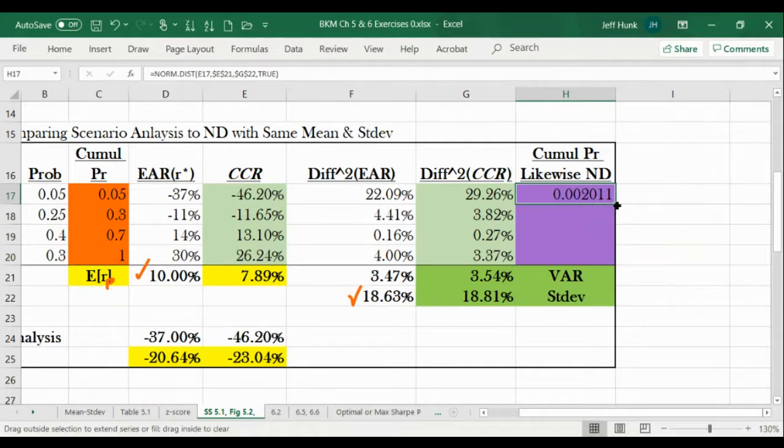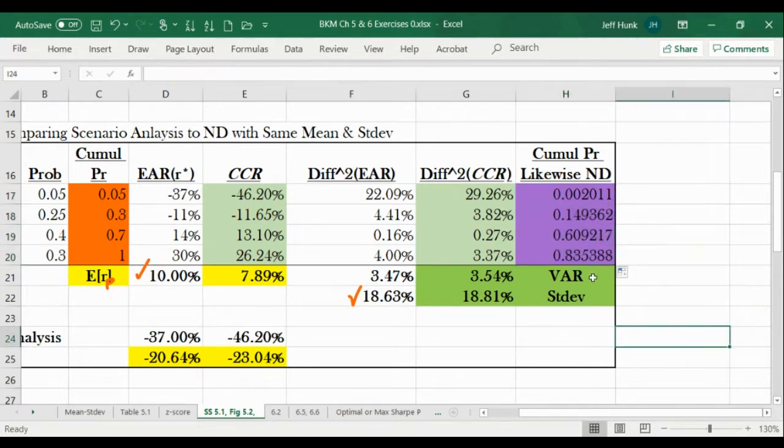In other words, on the normal distribution, it's not 5%, it's like 0.2%. When you drag it down, these are the probabilities, actual cumulative probabilities under likewise normal distribution.